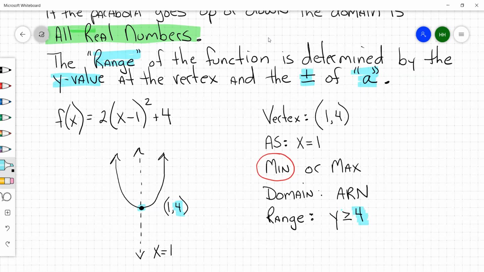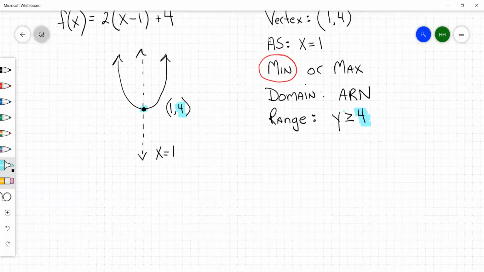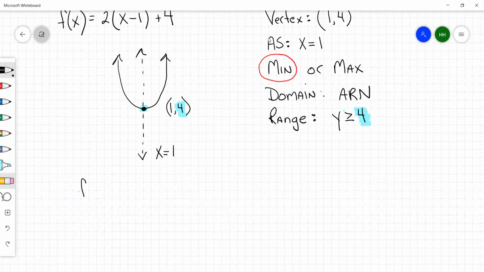Okay? Now we're going to take a look at one that goes down. So let's take f(x) = -1/2(x + 2)^2 - 3. And we're going to identify all of this same information about this function.